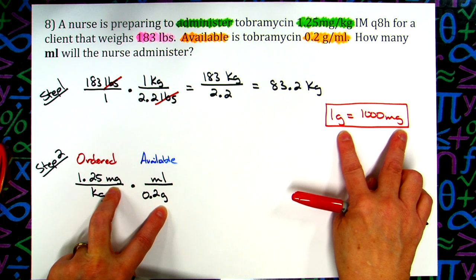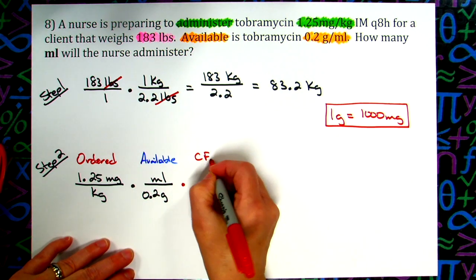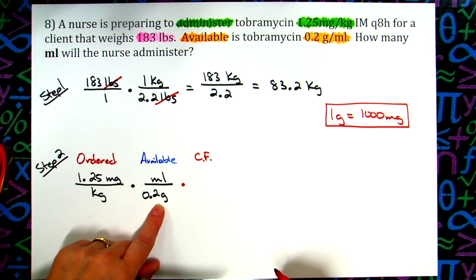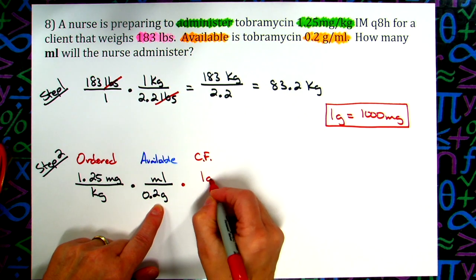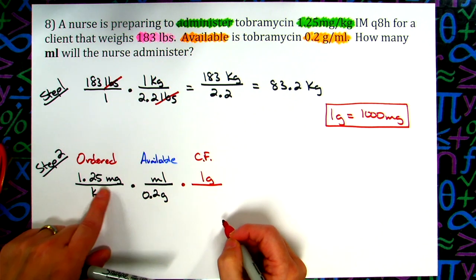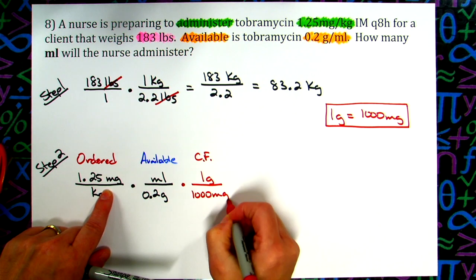If I place this appropriately, both sets of labels are going to cross out. So let's multiply by my conversion factor. Grams is on the bottom, so I need grams on top. So I'm going to put the 1 gram on the top and the 1,000 milligrams on the bottom.